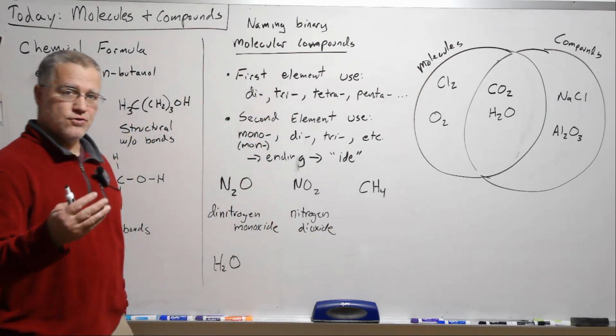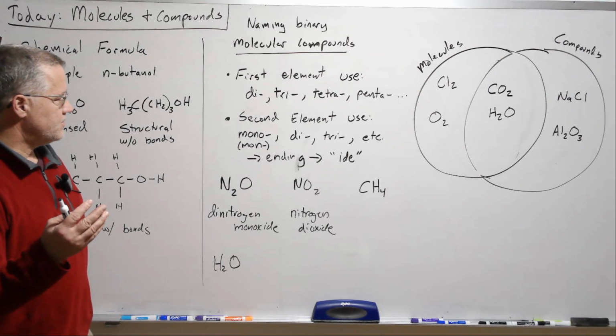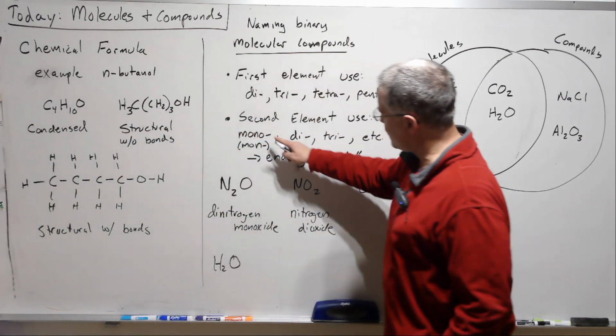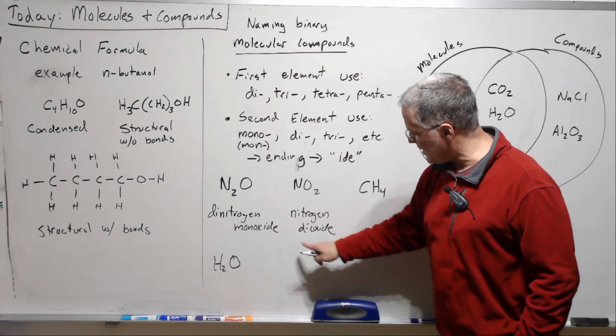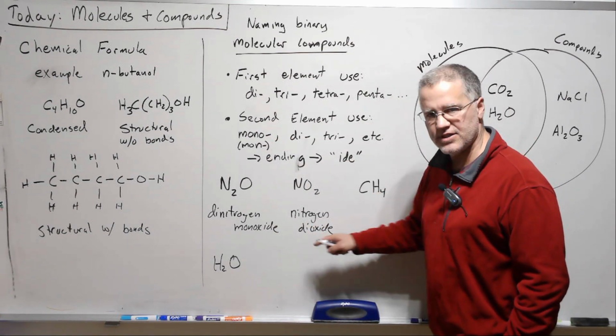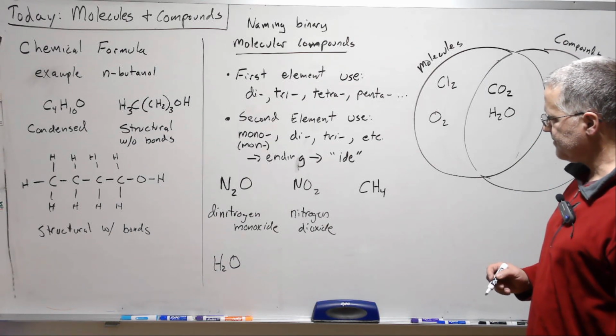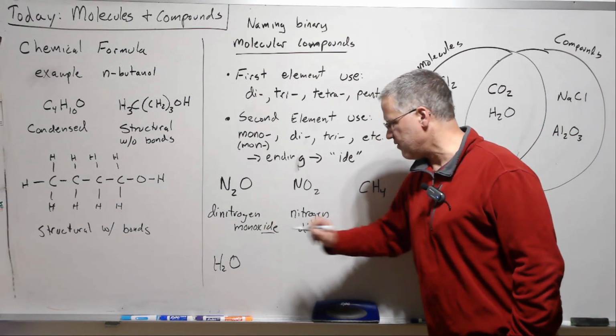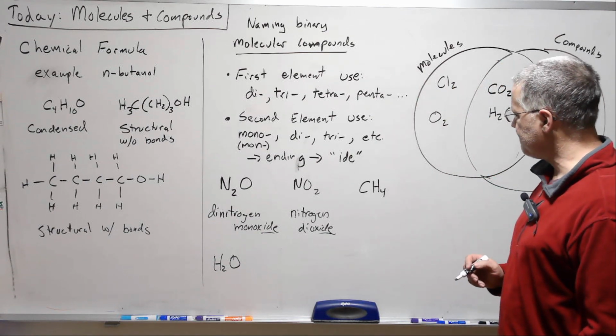And notice here we have two vowels together, which we will often drop, but here it's okay, dioxide. So the two vowels are together there. That's fine. And notice the IDE ending. I didn't point that out over here, but IDE ending over here.